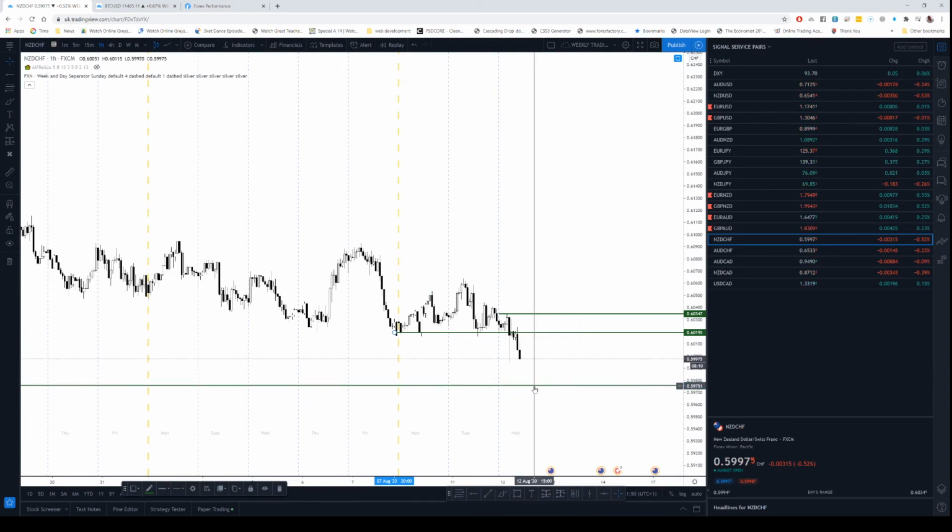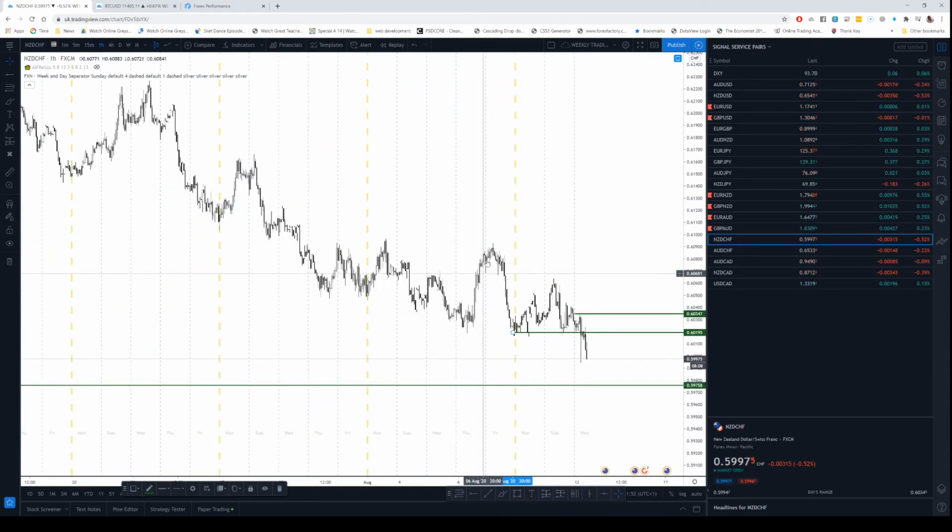Thursday we might hit this one, and then we could see something like this. Yeah, it's possible, because Thursday usually is the low or high of the week.